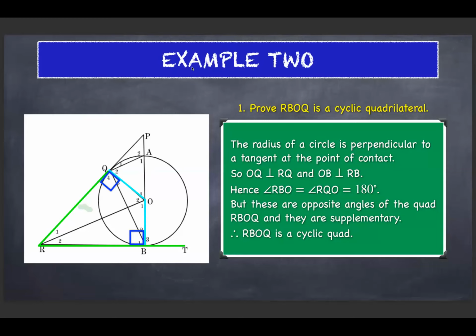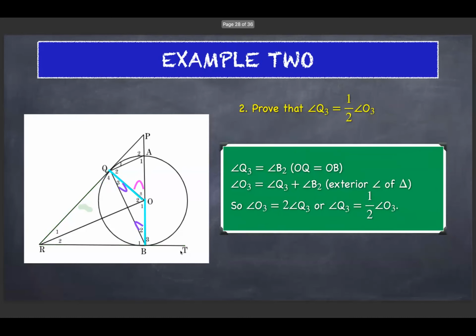So we've got that they're supplementary. And that's why we can then say that RBOQ is a cyclic quad. So actually we've used a converse theorem. I don't remember the exact number of the theorem, but we used the converse version of it. We found that the opposite angles of the quad were supplementary, and so we can find that it is a cyclic quadrilateral.